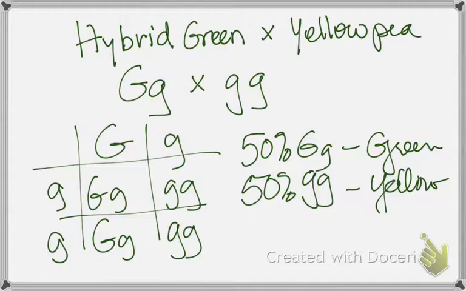These can get really complicated. What if I told you that I had a plant, and I don't know what its genotype is, but I know that it has one parent that was green and one parent that was yellow.